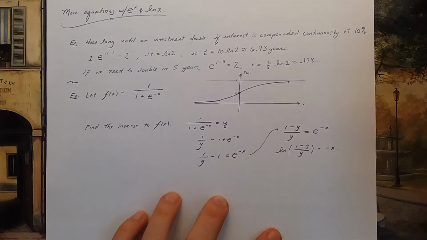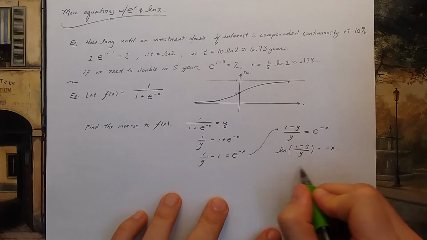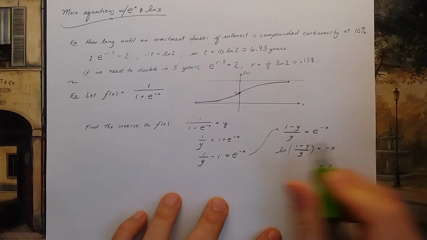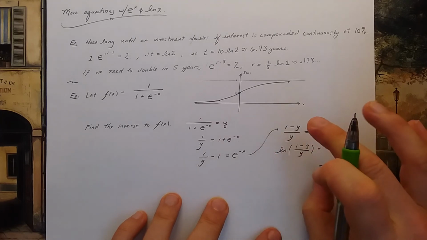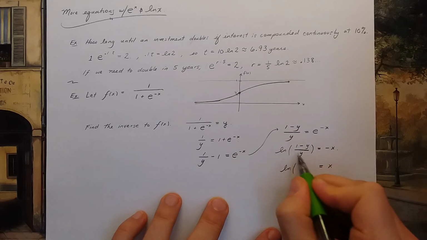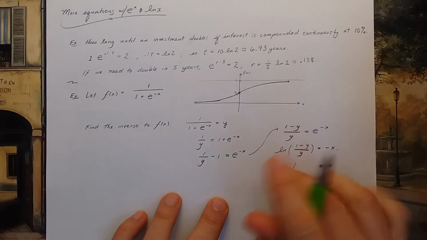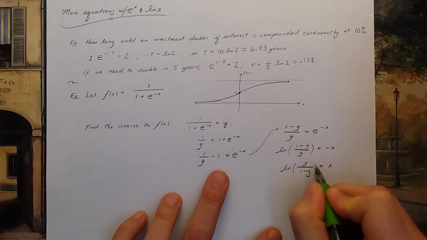Lastly, I'm going to multiply both sides by a negative. If you multiply a logarithm by a negative 1, that's the same as taking log of the reciprocal of the inside part. I'm raising the inside part to the negative 1 power. So I get y divided by 1 minus y.